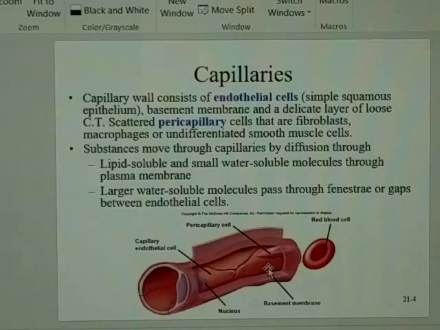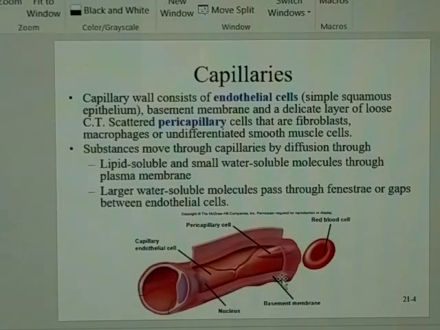So in that capillary, we're going to see that it has simple squamous epithelium. In the capillaries, that's going to be known as endothelial cells. They're also going to have a basement membrane.